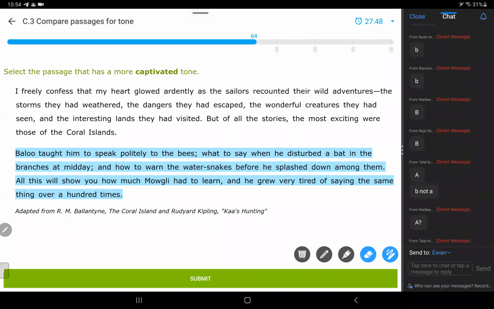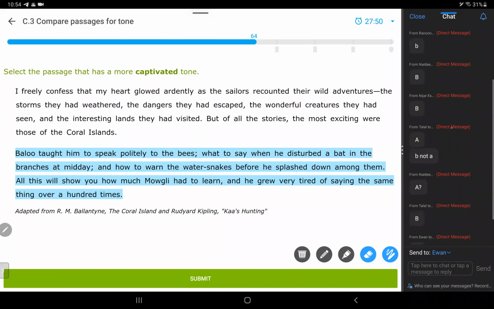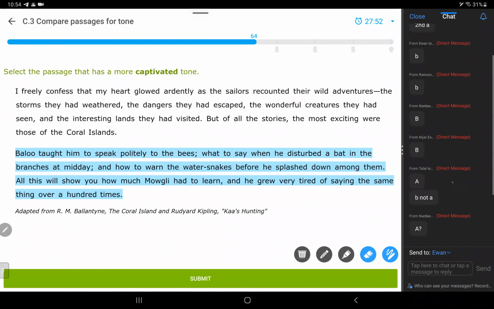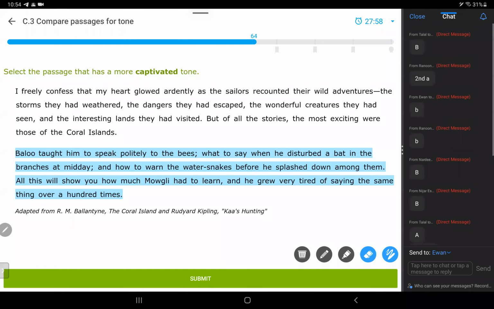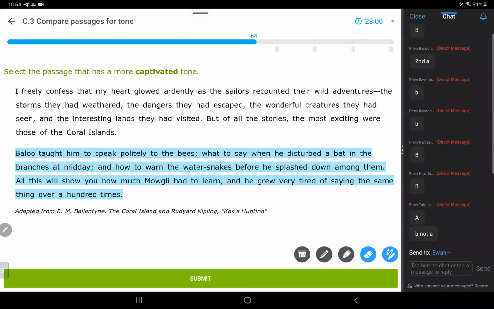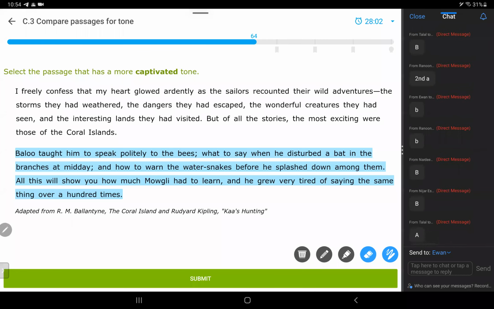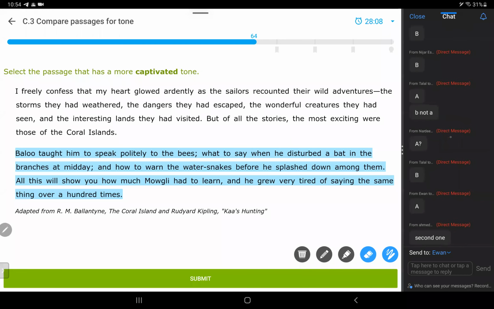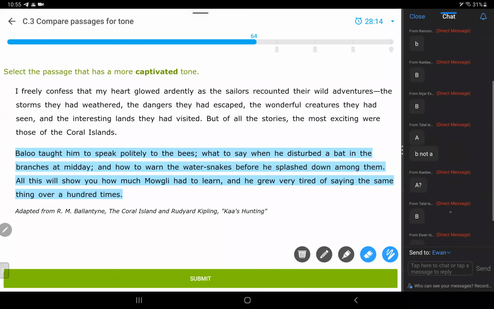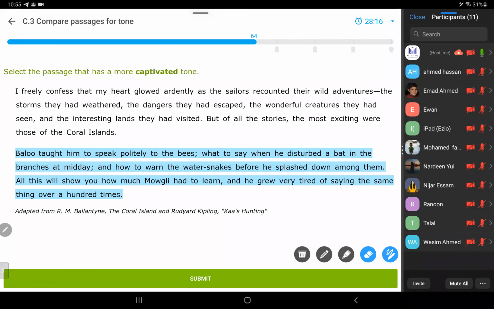Nijar, you answered B, right? No, I still answered B. So we have Ranin also B, I think. From Iwan B, Nijar, Talal A, B not A, Mesh A, Talal B, Iwan A. What about the rest?